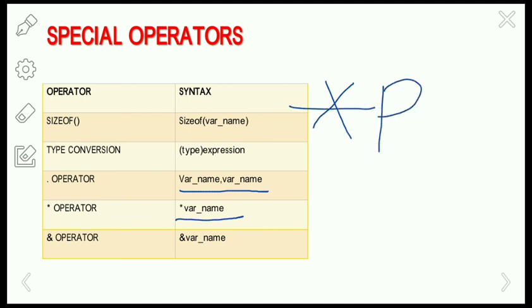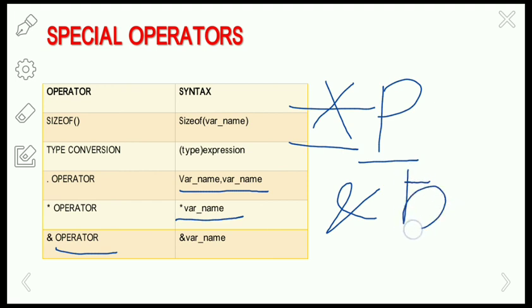Here the p will act as the pointer and asterisk is a pointer operator. And the last one is the ampersand operator. It is the address operator. It is used to get the address of a variable. And ampersand b means it is going to denote the address of the variable b, whereas the asterisk denotes the value at the p.